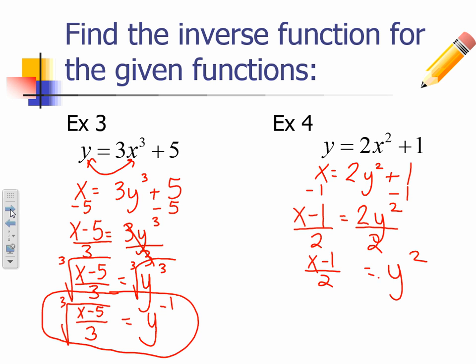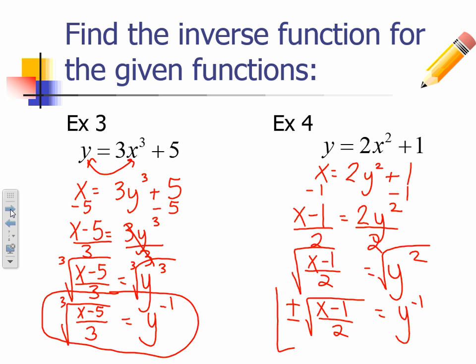And then last but not least, the inverse of squaring is square rooting. y, inverse symbol. And we got to be careful on this. We just put a square root in here, right? Anytime you square root something, what did we have to remember? Do you remember? It was this little symbol that we had to put? That's right, plus or minus. Right there. Plus or minus square root of (x minus 1) divided by 2.